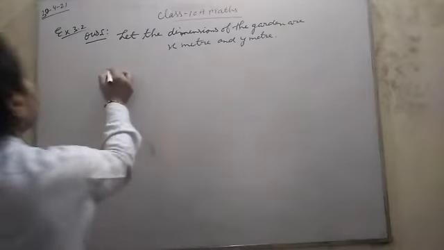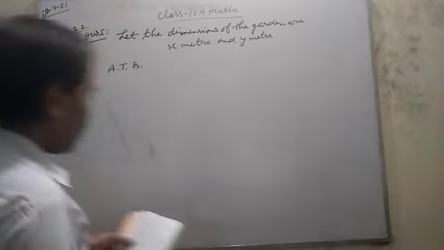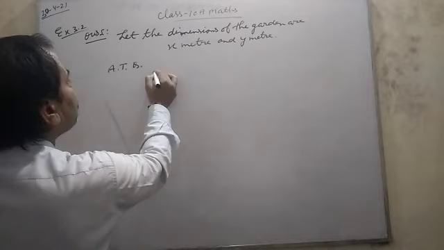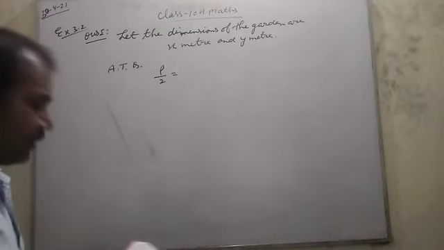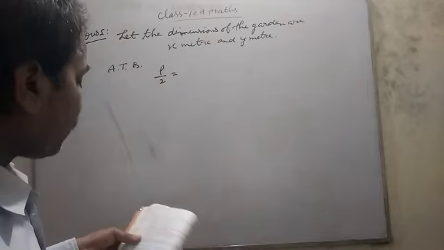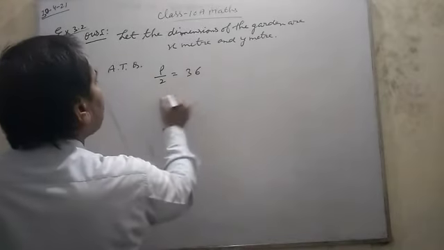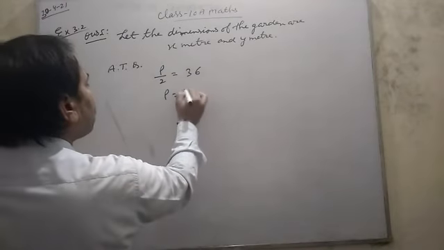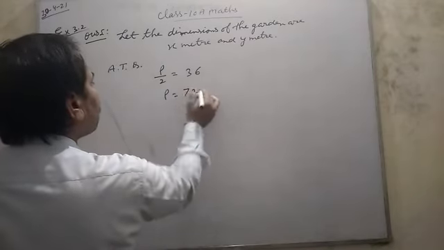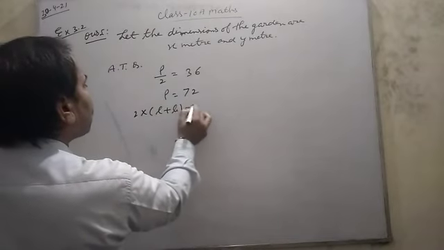Then according to the question, half perimeter, so half perimeter means P by 2, of a rectangular garden is 36. Means half perimeter is 36, so P is equal to 72, and P you know is 2 into length plus breadth.